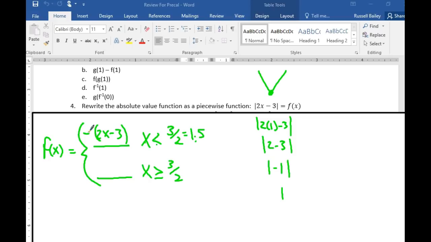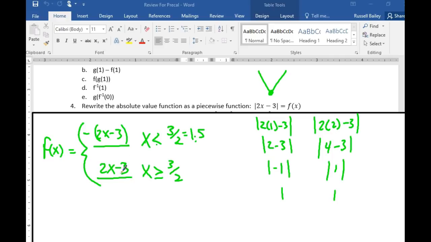Now, you don't have to do this for the second one, but just for demonstration purposes, anything greater than 1.5. So let's pick a number bigger than 1.5, like 2, for instance. Notice for that one, it doesn't change the sign of the number. So for anything to the right of 1.5, the 2x minus 3 stays exactly as is.